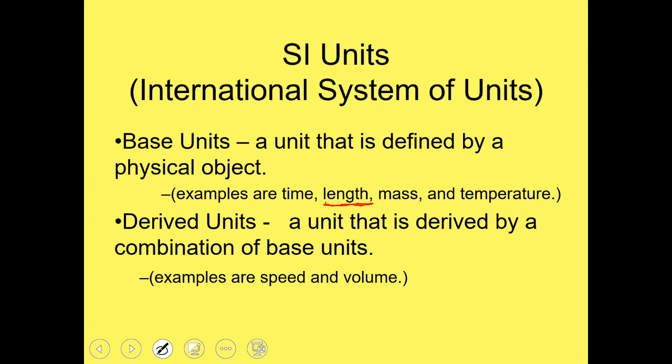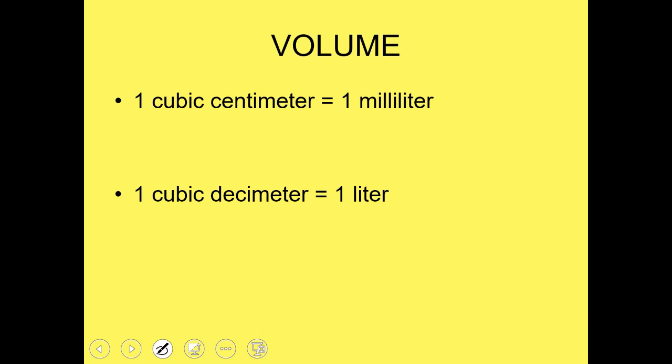Now, derived units are units that are made by combining other ones, like speed, meters per second. And even volume is actually a derived unit. Let me show you how that works.